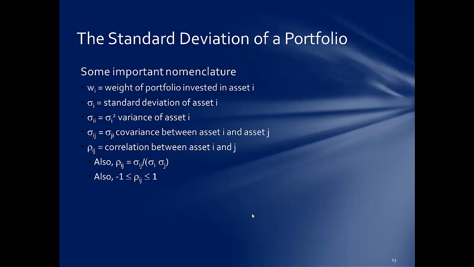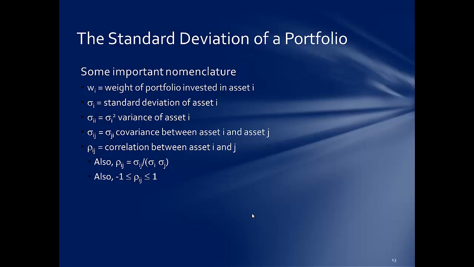Mathematically, if we want to define the standard deviation of a portfolio, we use the following nomenclature. So we'll use WI to represent the weight of portfolio invested in asset I. Sigma I is the standard deviation of asset I. Sigma II will be the same thing as the variance of asset I. Sigma ij will be the covariance between asset I and asset j.